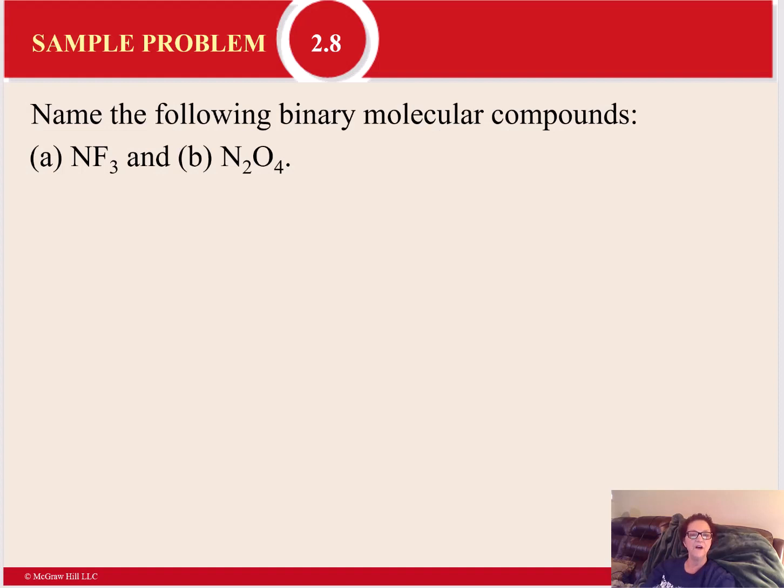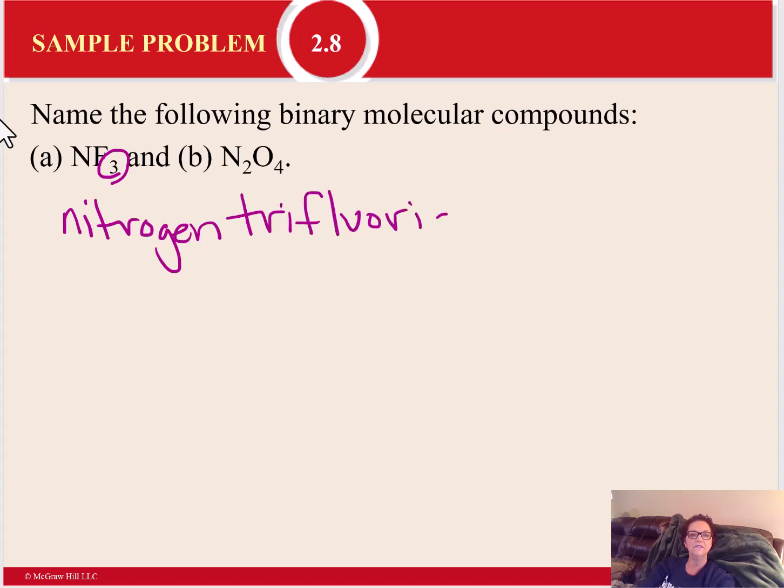So name the following binary molecular compounds. So we have NF3, so we only have one nitrogen, but it's the first one, so we don't have to say mono. And then we have 3 fluorides, so trifluoride.